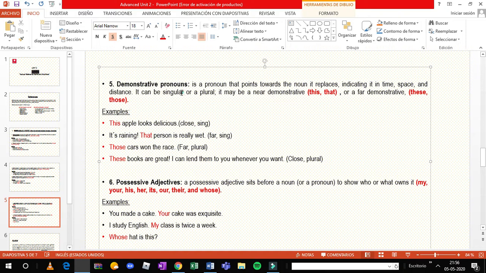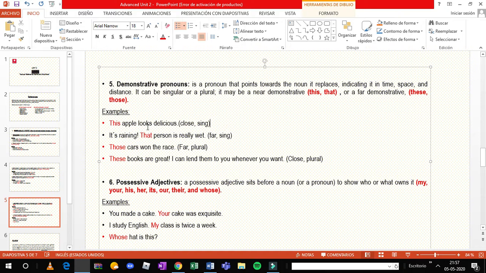Pueden ser singulares, como se mostró acá, ¿cierto? O pueden ser plurales, como es el caso de these and those. ¿Cuál es la diferencia de pronunciación con this and these? Que la I se extiende un poquito más. This, these. Okay? I'm going to show you here in the examples.